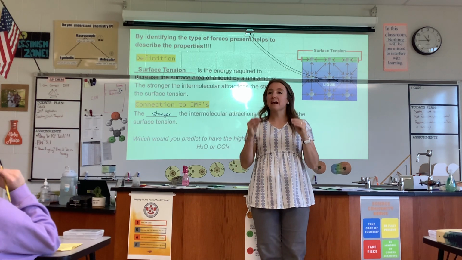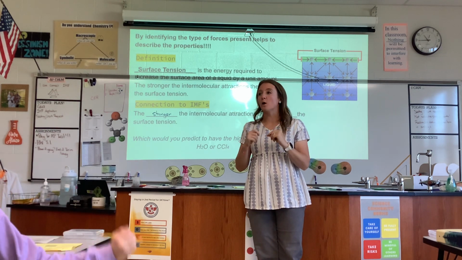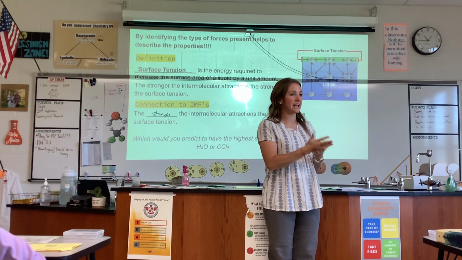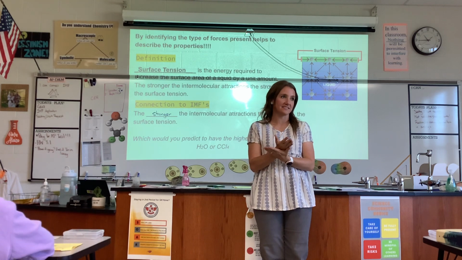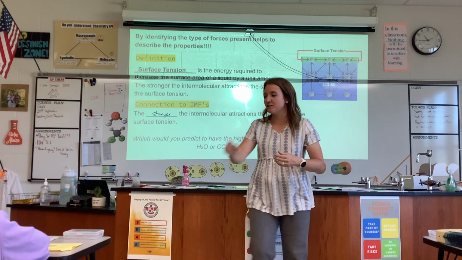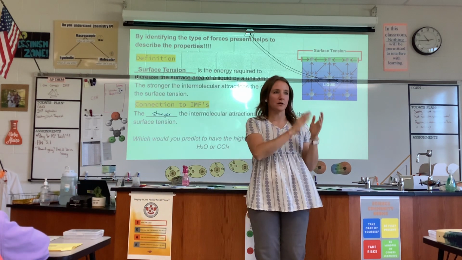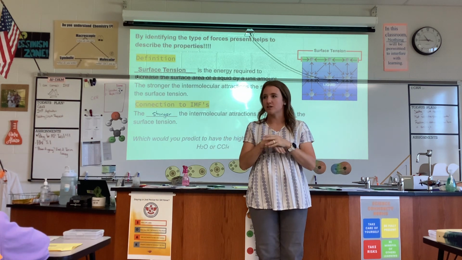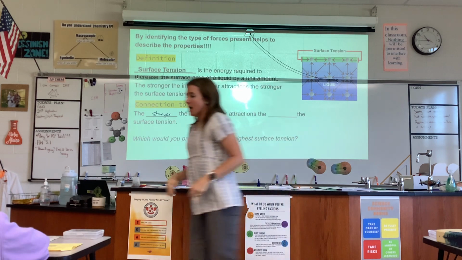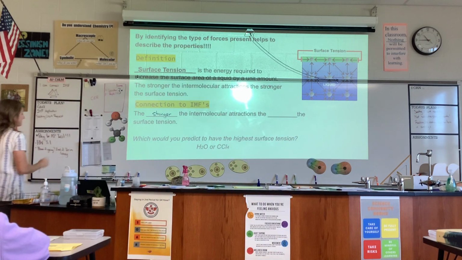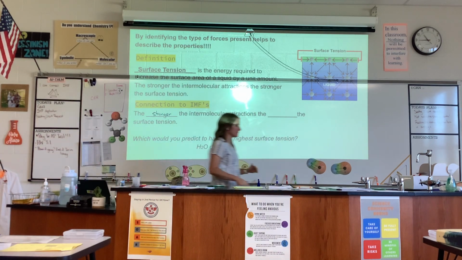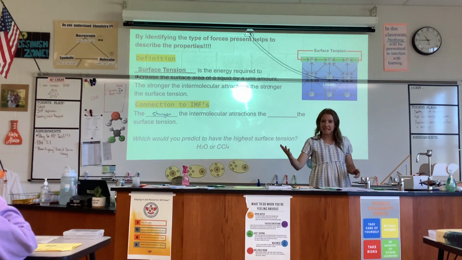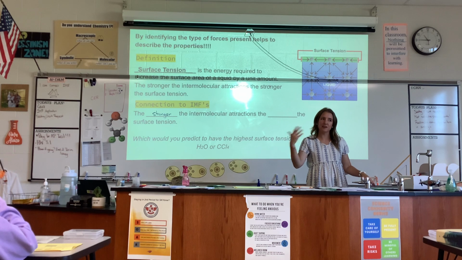But keep in mind that I want your evidence to be based on what you observed. Based on your observations, what can you claim about the IMFs of this substance? Your first statement should be just like the one there: the liquid has what type of IMFs, and then justify it based on what you observed. Now, if you've seen any of these demonstrations before, I ask that you don't give it away. It's like a magic show, don't give it away until I tell you it's time to give it away.